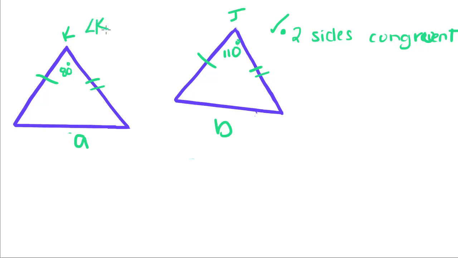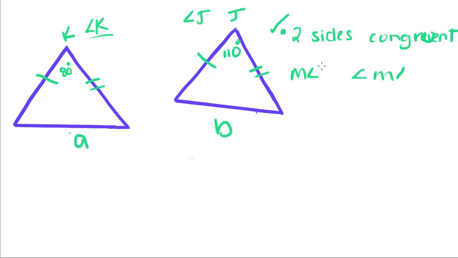So right now we're going to be talking about angle K, and for this one we're going to be talking about angle J. So we need to know that one of these is smaller than the other.